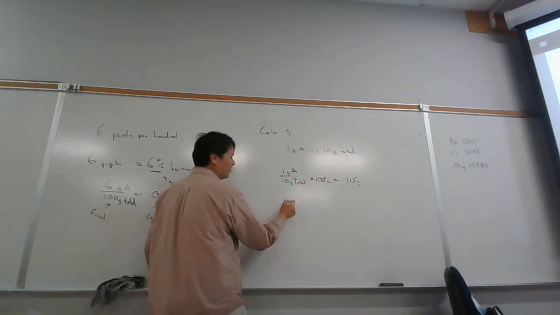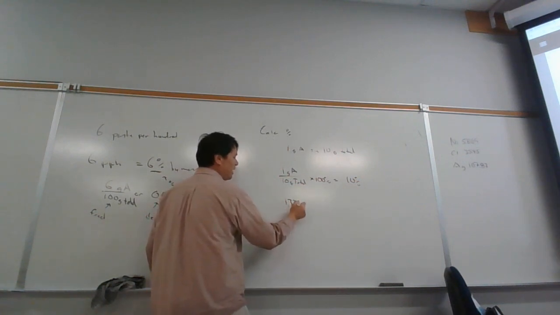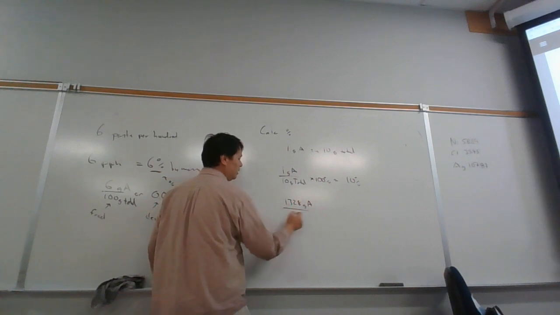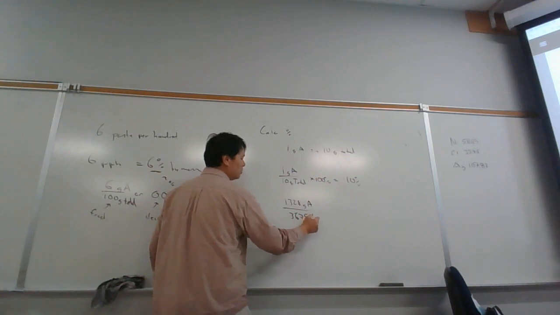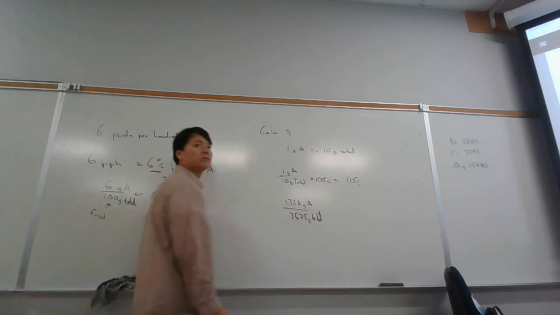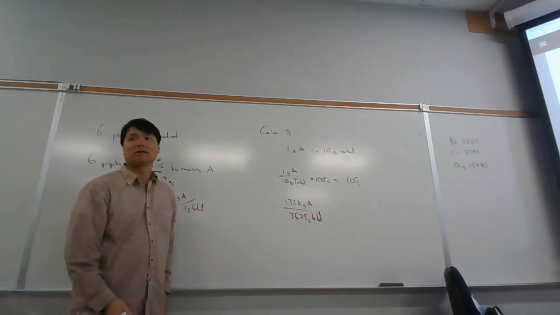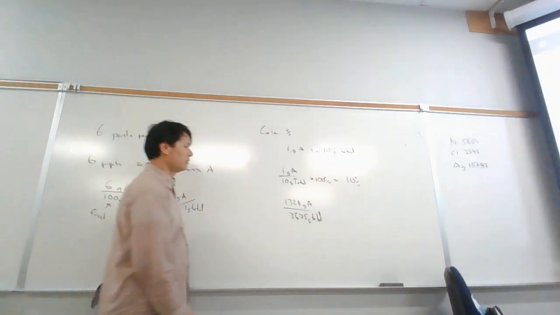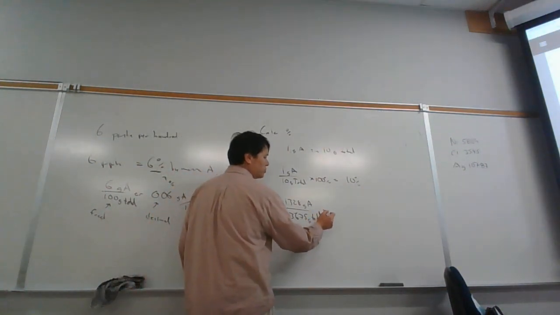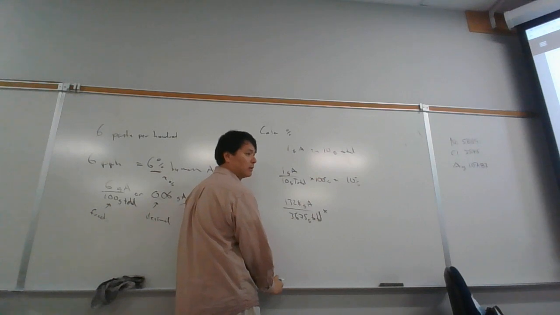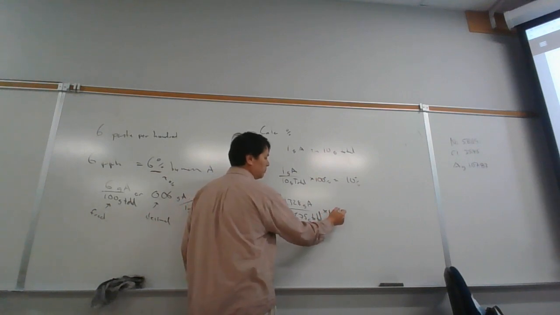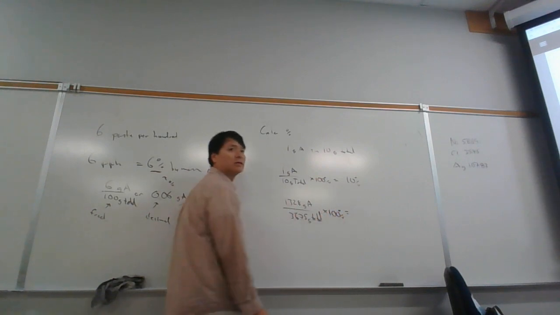Sometimes the numbers are really difficult. 1.328 grams of A in 3.675 grams total. What's the percent? Yeah, around 33, but all we have to do is multiply by 100%, and then we can get the percentage.